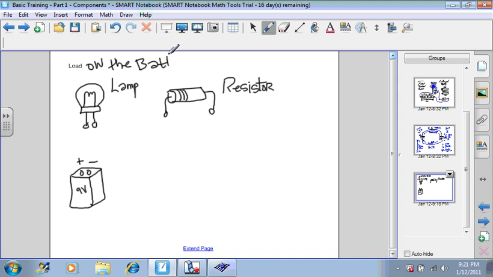What that means is that it takes energy away from it. It's like a heavy load on the battery, a weight.